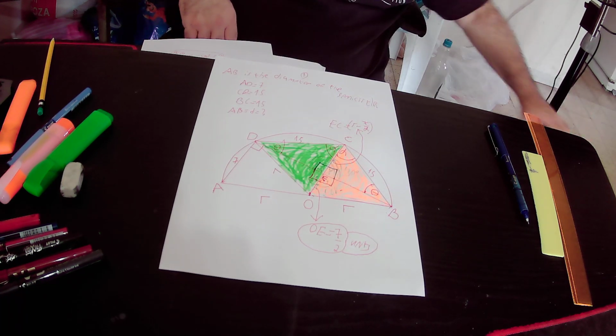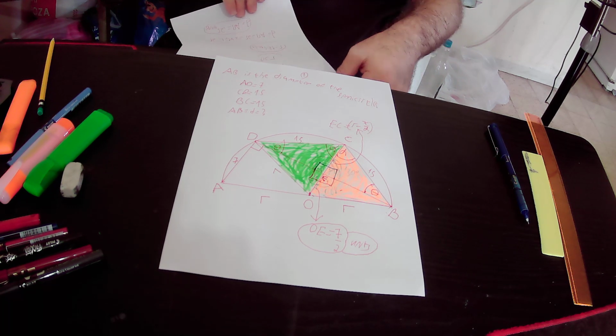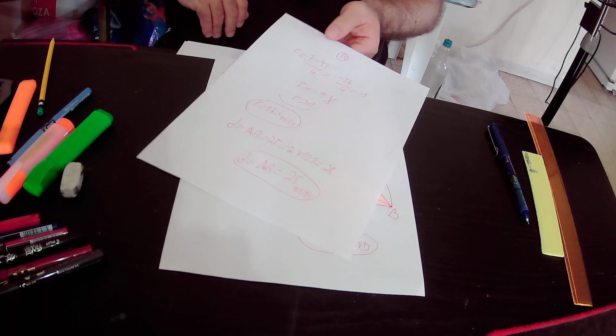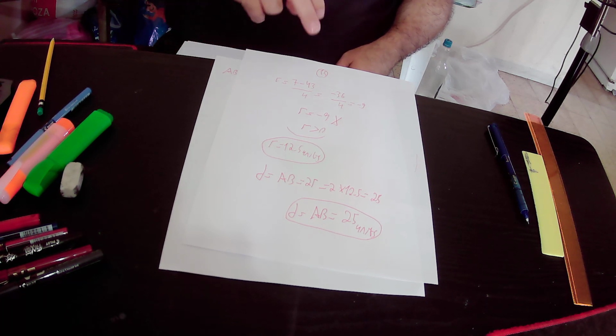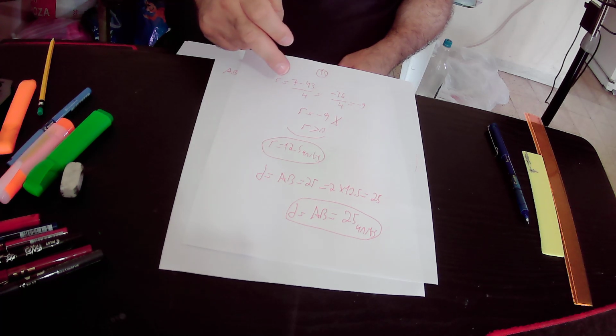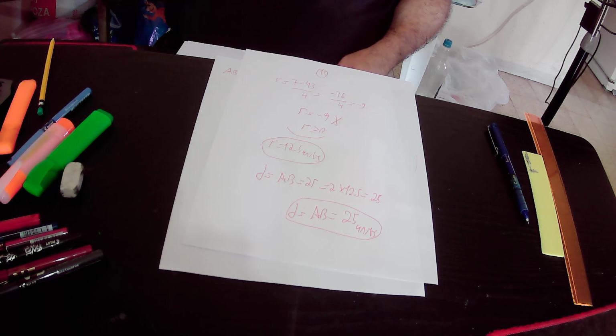But we have another solution for the quadratic equation, R equals minus 9. The radius of the semicircle must be a positive number, so minus 9 is a negative number, therefore it is impossible, so it is an incorrect answer. So we are left only with the solution for R, which is 12.5 units.